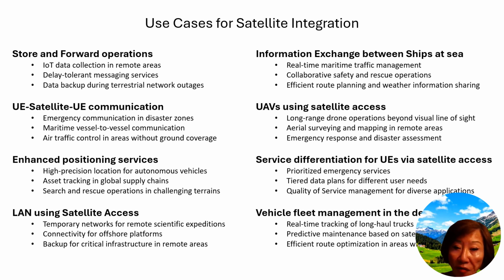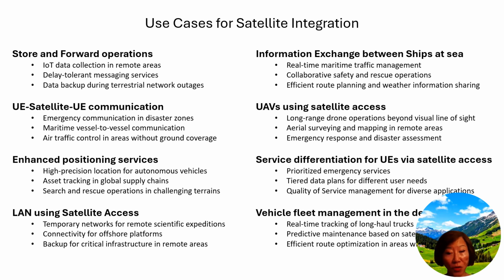Enhanced positioning services improve location accuracy in challenging environments, benefiting autonomous vehicles and search and rescue operations. LAN, local area network using satellite access, provides connectivity solutions for temporary or remote operations such as scientific expeditions or offshore platforms.